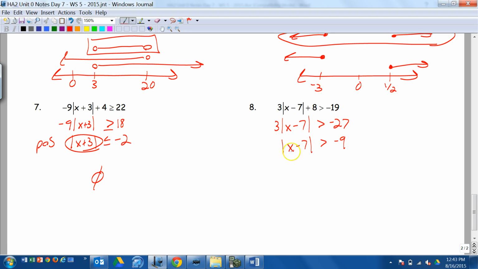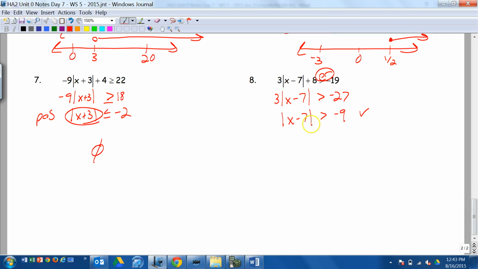Well, yeah, because we're eventually going to get into the positives. There are x values that will make this positive and bigger than 9. So this is okay. This is an OR graph. Now we can solve it the way we've been solving. The one side is x minus 7 is greater than negative 9. The other side is the opposite of x minus 7 is greater than negative 9.